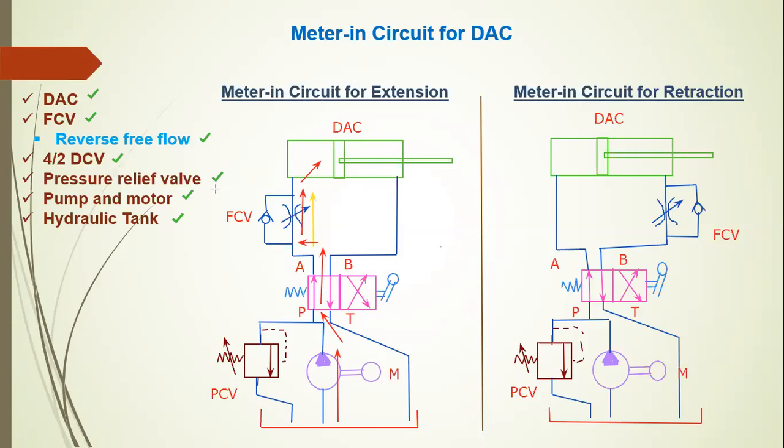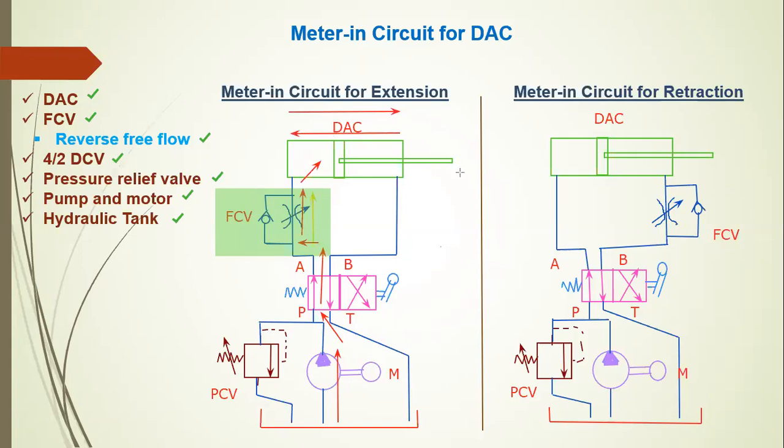What is the function of the FCV? The FCV function is to regulate the flow into the DAC so it can give the required motion to the DAC. The actuator DAC moves from left to right or right to left.